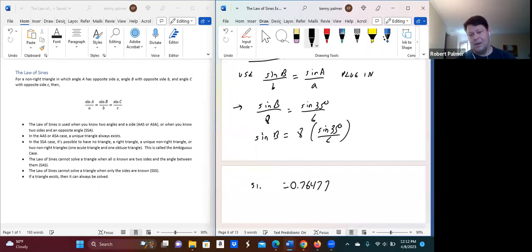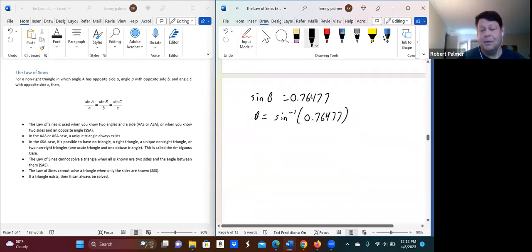So that's the sine of angle B. And so then angle B, if we take the inverse sine of both sides, we have the inverse sine of 0.76477. Okay, let's go back to Desmos and do that.